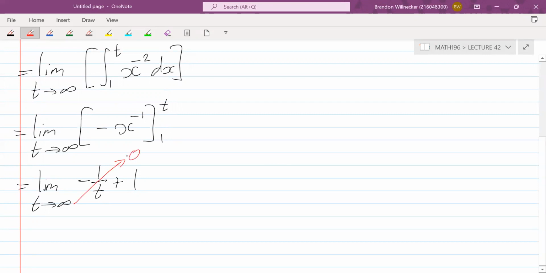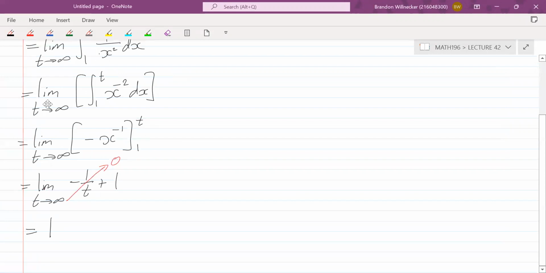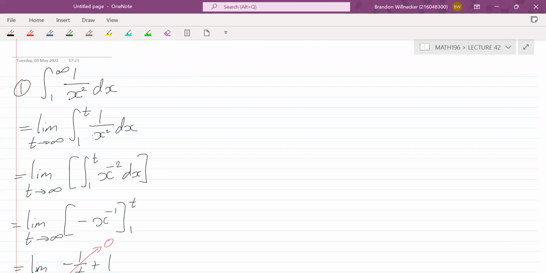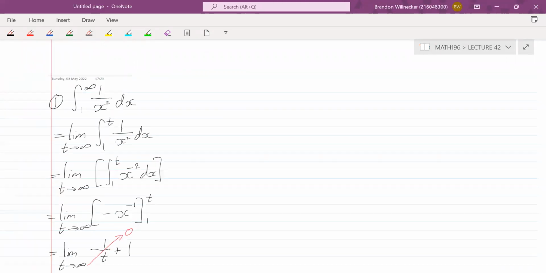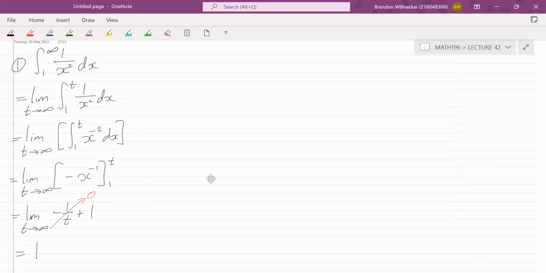So that's going to go to 0, and the result is just 1. So we end up with a finite result, which means this integral converges, and we now know that the total area from 1 to infinity is just 1.